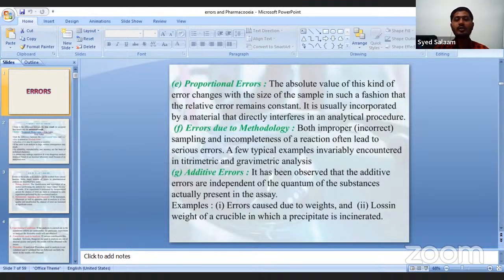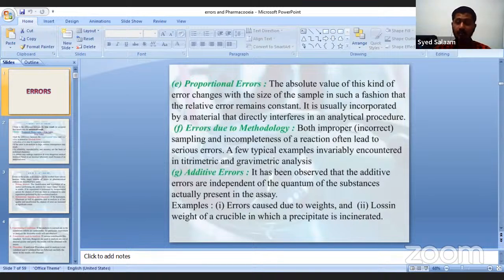So here, minimization of errors. We have seen that there are determinate errors and indeterminate errors, but there are certain steps that, if we follow properly, can minimize most of the errors. First and foremost, calibration of apparatus. Most people, industries and institutes don't follow this calibration part, but it is very important.